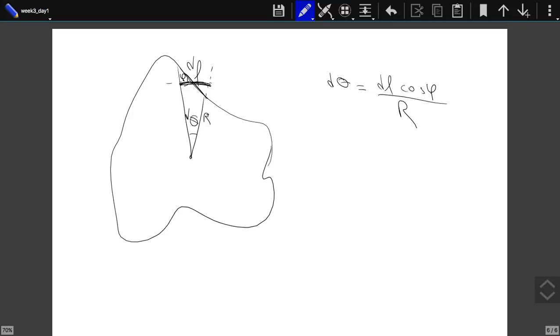So that is why we have dl cosine phi over r. The reason I defined it as dl is that the distance of every point on that segment is different. But if we take a very small segment, the change in r will be negligible. So for that very small angle, we can still talk about the distance of that arc from the origin. This is still how we can define d theta.